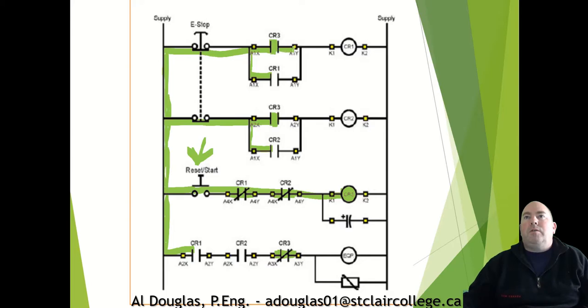So I get this, this comes in, and this comes in all at the same time, which means this comes in and this comes in. When that happens, this closes and this closes, which means I get this.